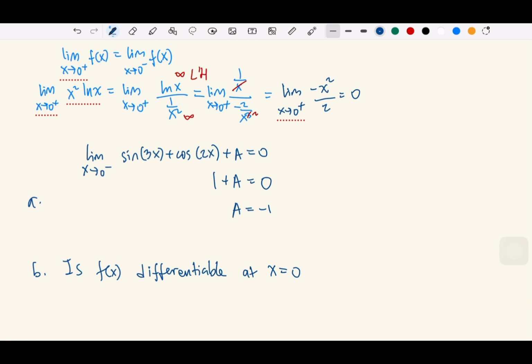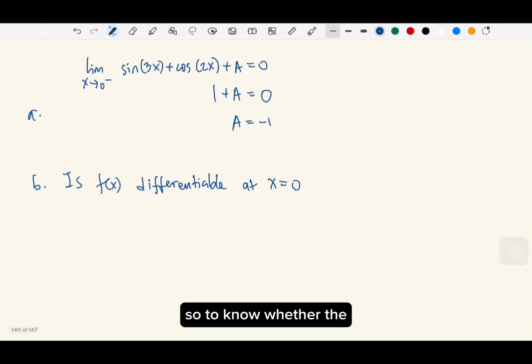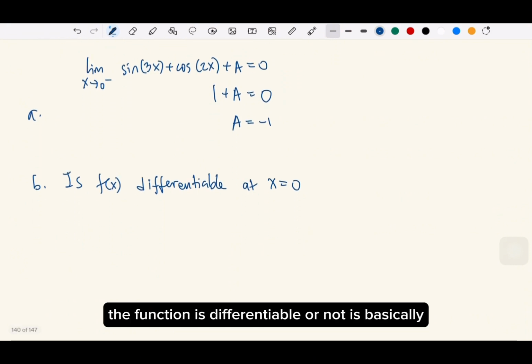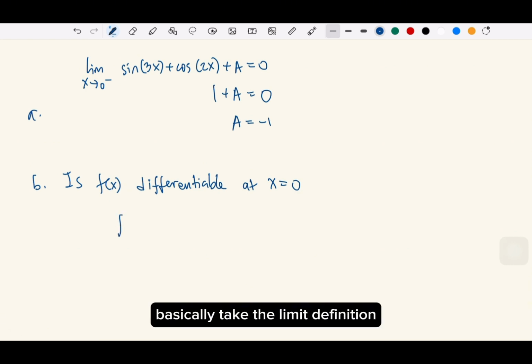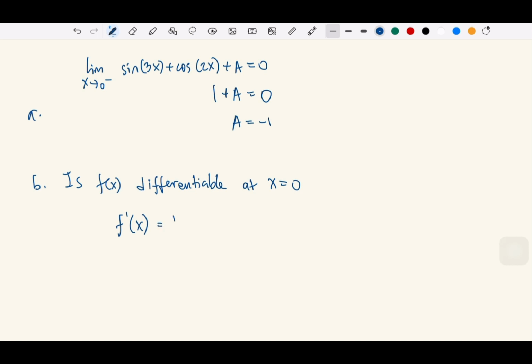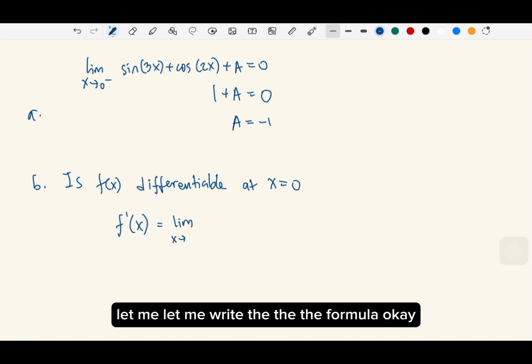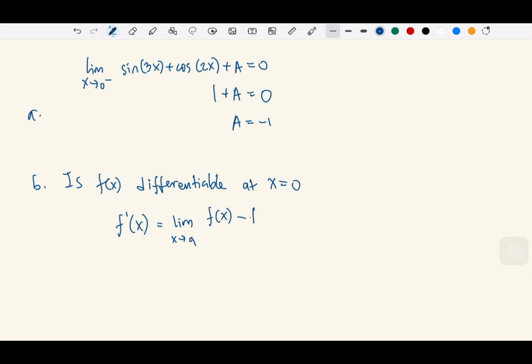This last one? Okay, let me write. To know whether the function is differentiable or not is basically to take the limit definition. Let me write the formula.